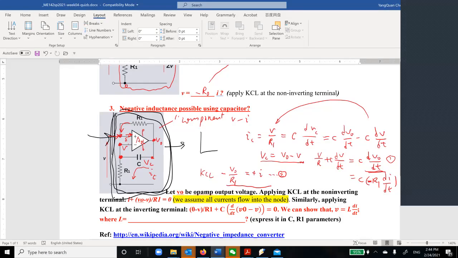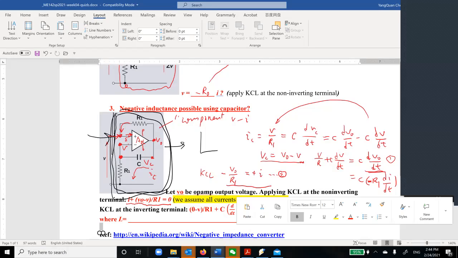Let me see here. So non-inverting KCL: V0 minus V divided by R1 is 0. So basically we are doing equation 2 here.